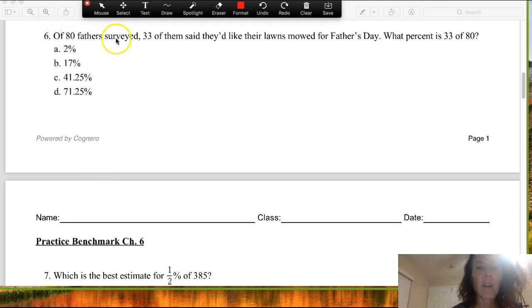All right, of 80 fathers surveyed, 33 of them said they'd like their lawns mowed for Father's Day. What percent is 33 of 80?